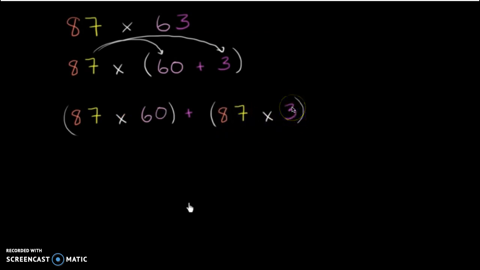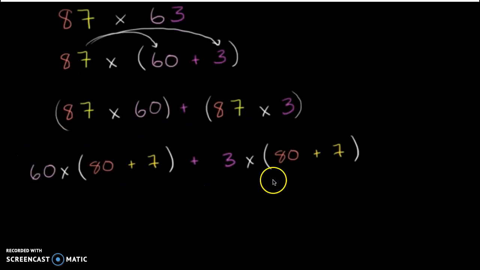And I'm thinking, okay, distributive property is supposed to make the multiplication process easier. This is still way too big for me to multiply simply. So what I'm still going to need to do is use the distributive property to take this a step further and break apart this 87. Again, into tens and into ones.